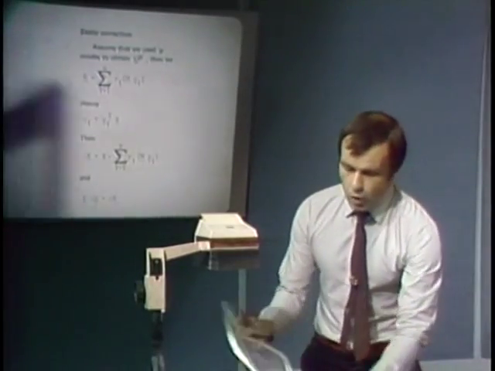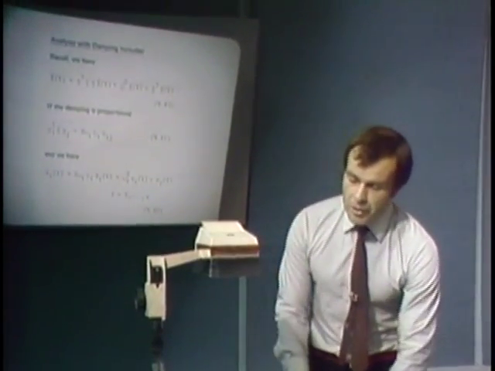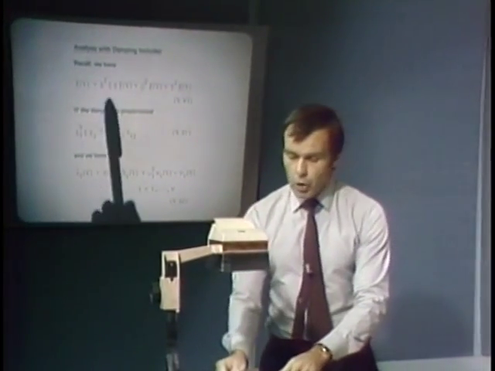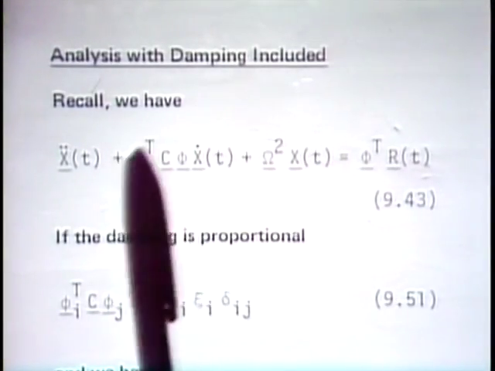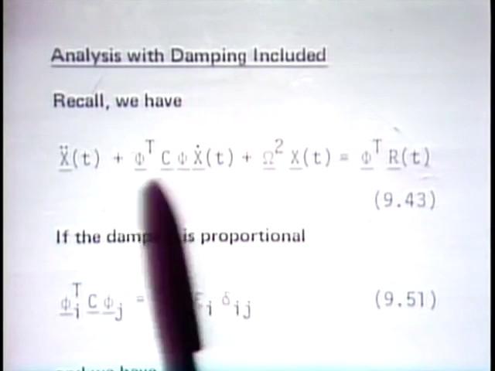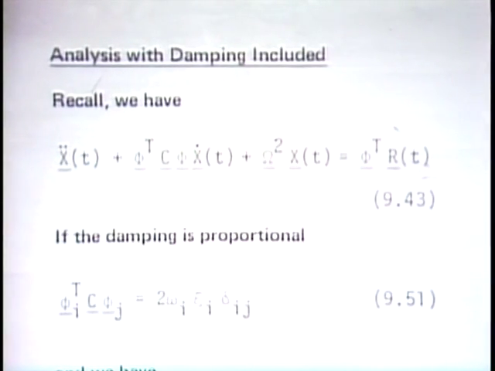Let us now go to the case with damping included. So far, we neglected damping. Now, with damping included, we have this part here too. Notice phi transpose C phi in general is not a diagonal matrix, and that's why I considered first the case without damping.